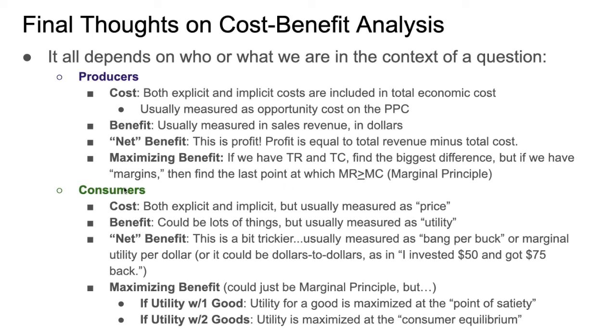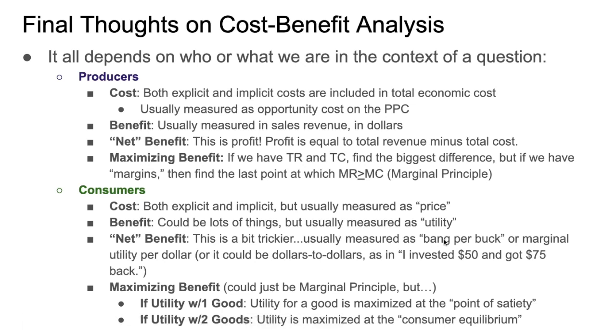But for consumers, let's look at both sides of cost-benefit analysis. The cost can be both explicit and implicit, but it's usually measured as just price. The benefit could be a lot of things, but it's usually measured for us right now as utility. Net benefit for consumers is a little bit tougher.